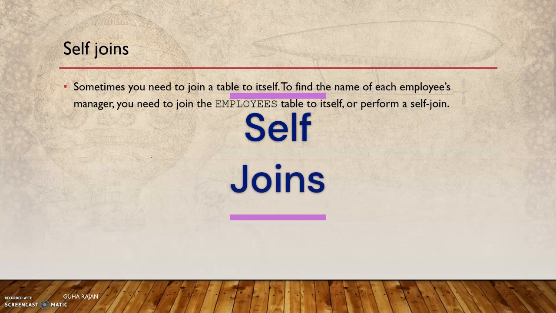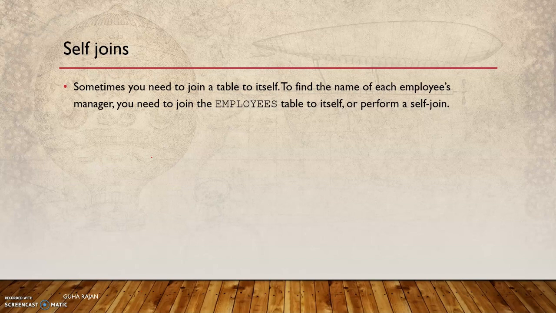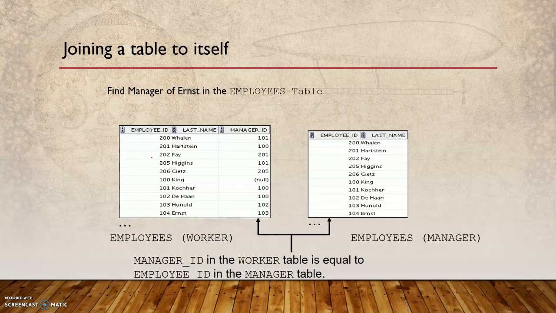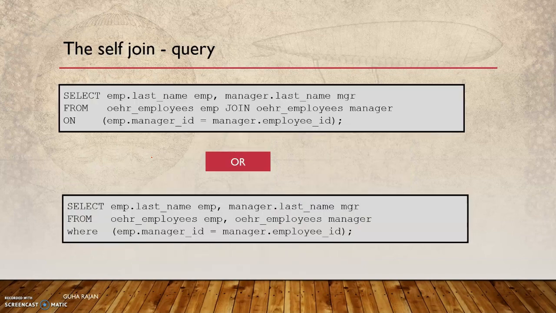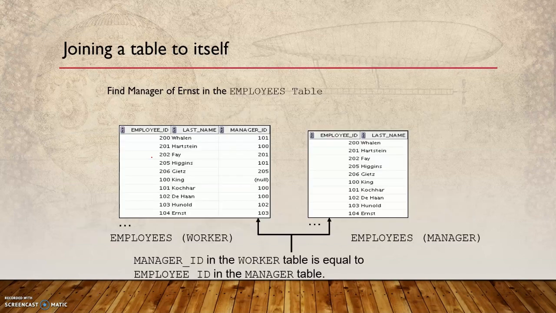Another type of join you sometimes use is the self join. In the employee table, you have the employee ID and the manager ID as well. So in that case, you need to join with the employee table itself to get the result. Because the employee ID is there and then the manager ID is there, but if you look at the names, they belong to the employee table itself.